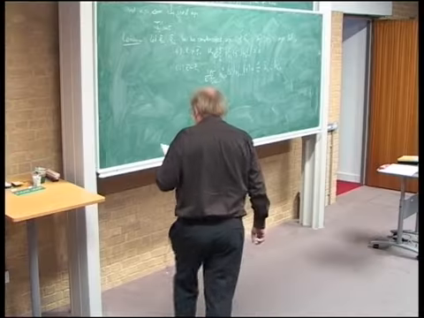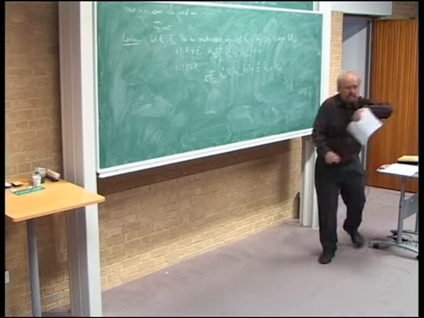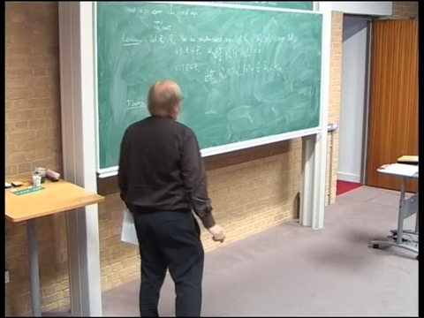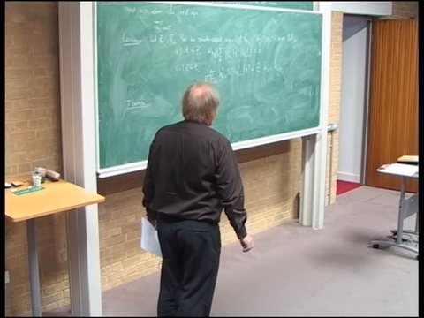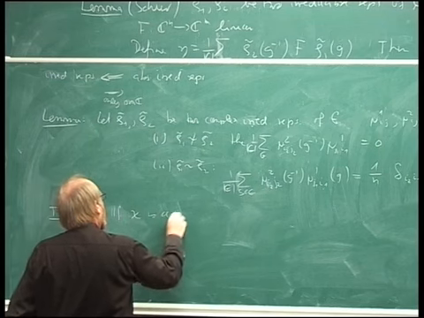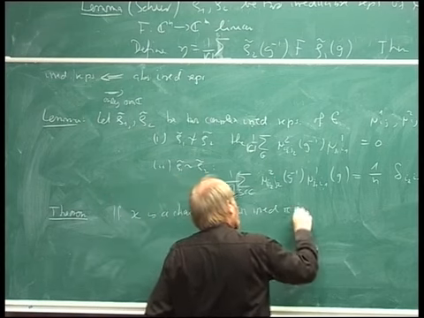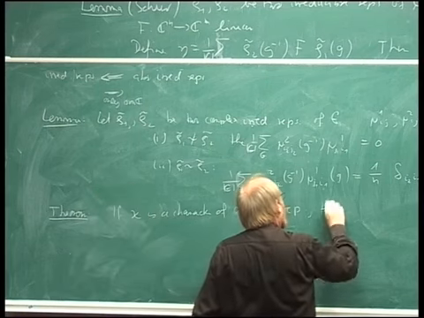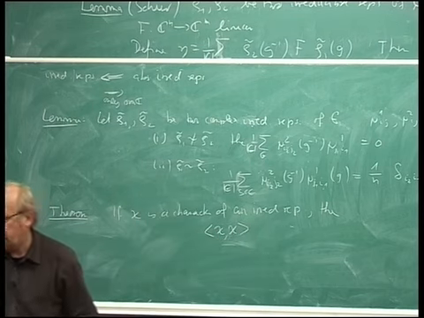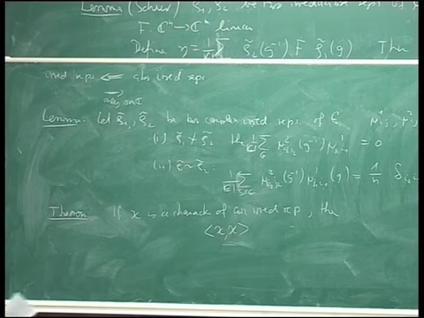And this is a direct consequence of what we had before, and this implies the following theorem. If chi is a character of an irreducible representation, then the scalar product of chi with itself, which is, so to speak, the norm square of chi considered as a function in L2 of G, is equal to 1.